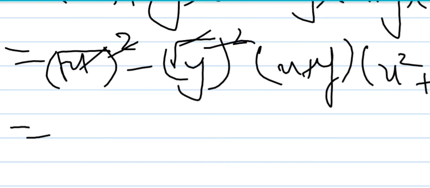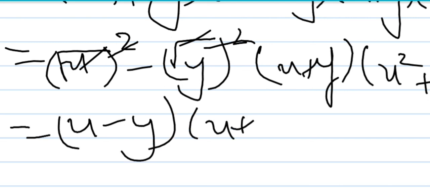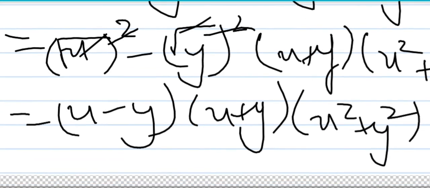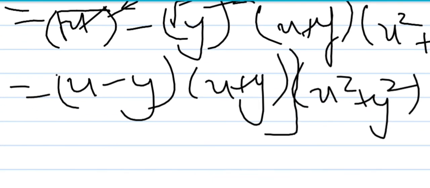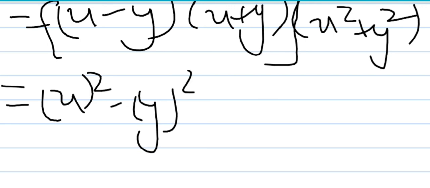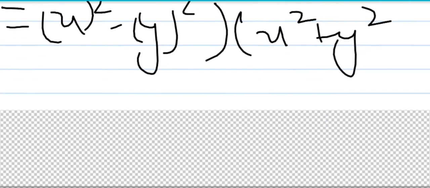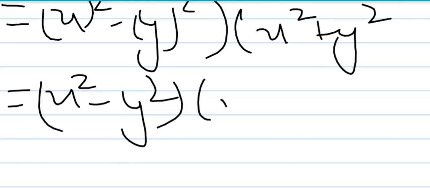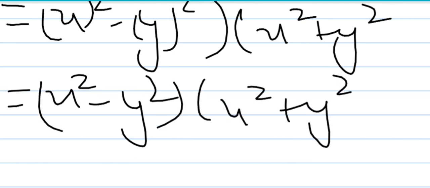The square and square root will be cut, and x minus y will remain, and x plus y into x square plus y square will remain. So now we'll take these two, so is equal to x whole square minus y whole square into x square plus y square, and it will become x square minus y square into x square plus y square.